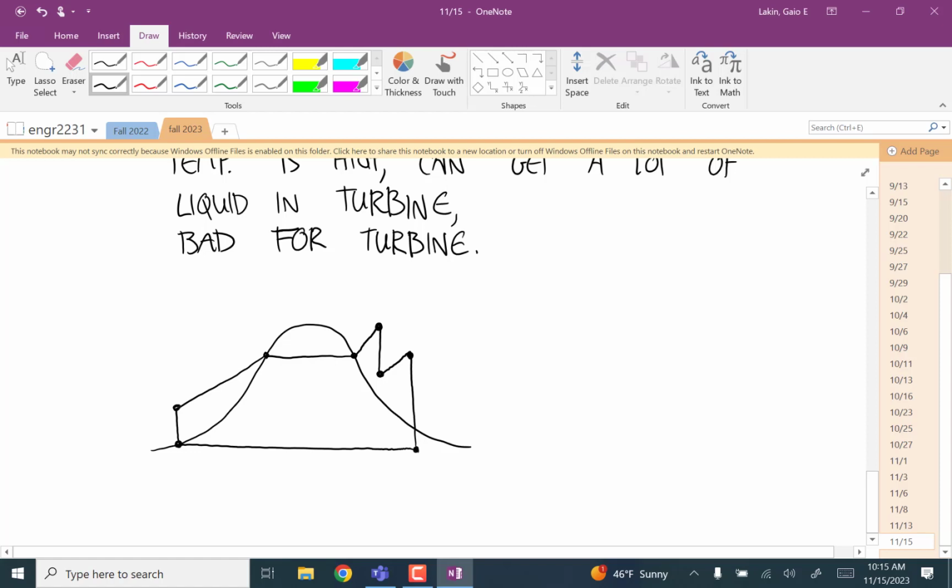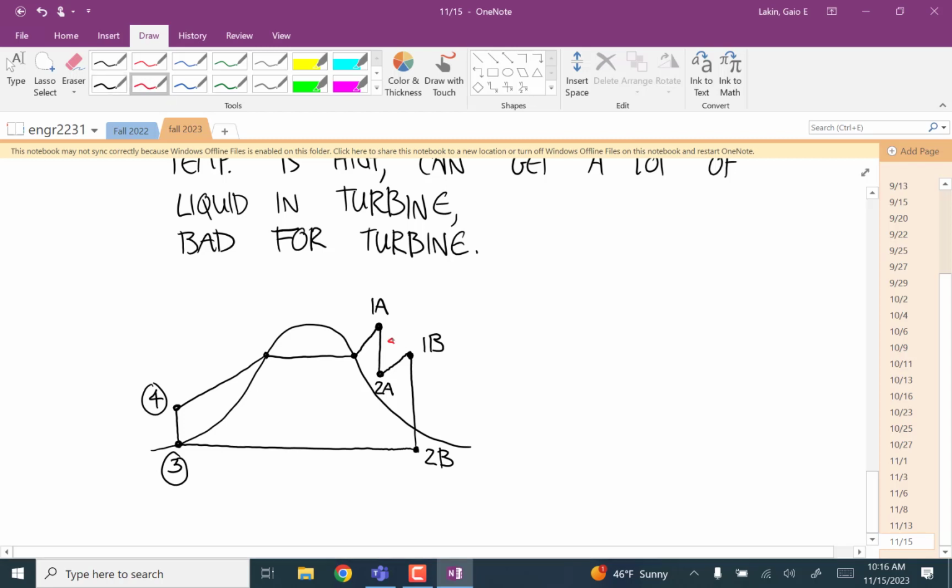I'm going to call these stages: this is 1A, going into that first turbine. Then I'm going to call this 2A, then 1B as it goes back into the second stage turbine, then 2B, and then 3, 4, and back.